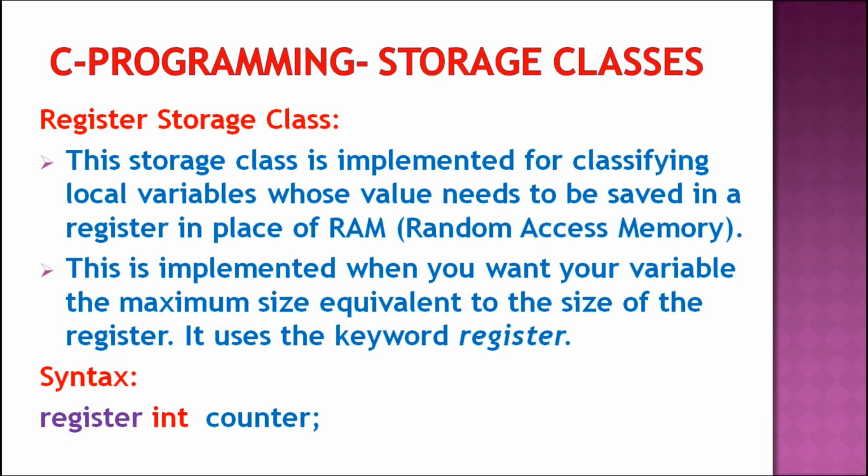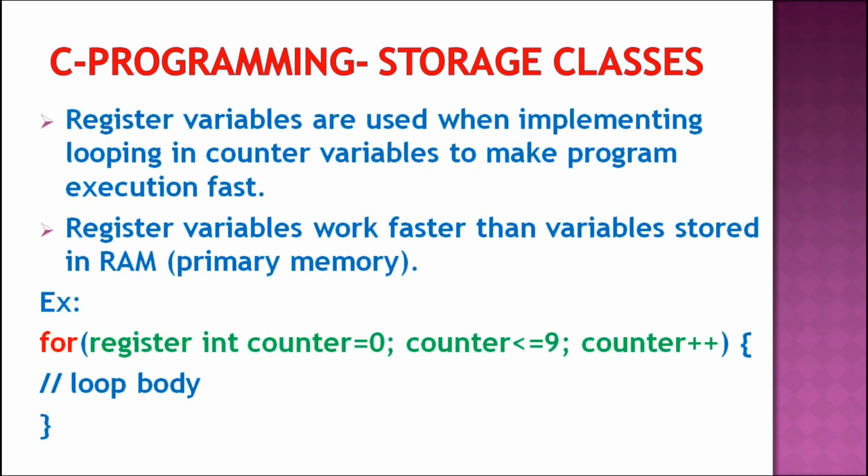Register variables are used when implementing looping and counter variables to make program execution faster. Register variables work faster than the variables stored in the RAM or primary memory.